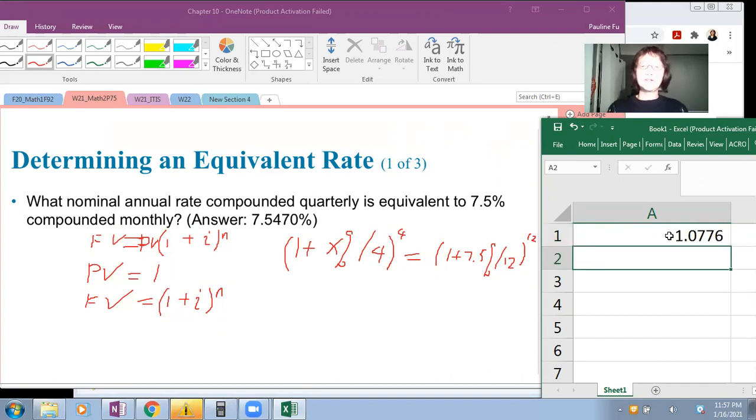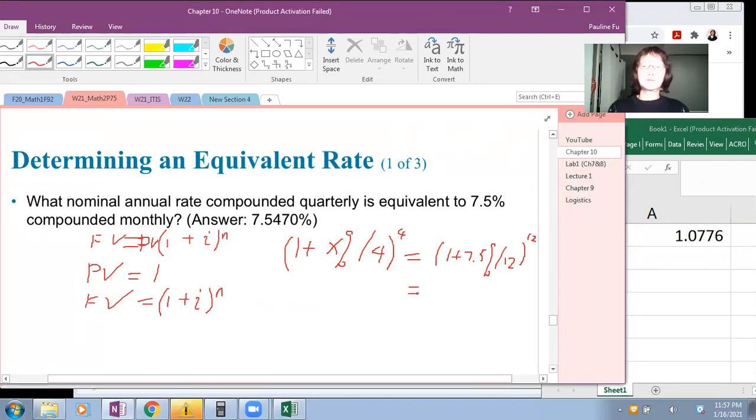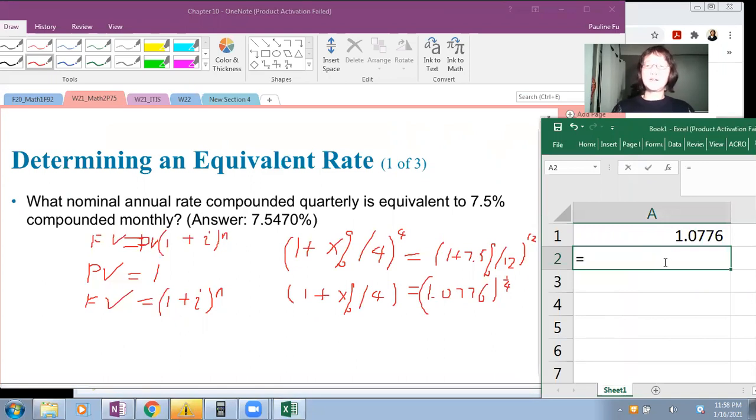Okay, and this number equals 1 plus x% over 4 equal to this number raised to power 1 over 4. Both sides, I take power 1 over 4. Okay, so this number I need to raise to power 1 over 4.